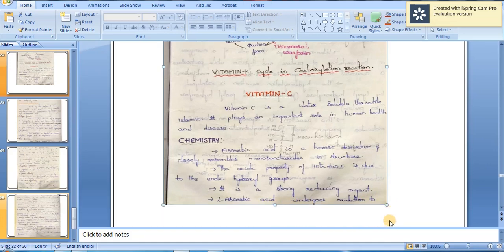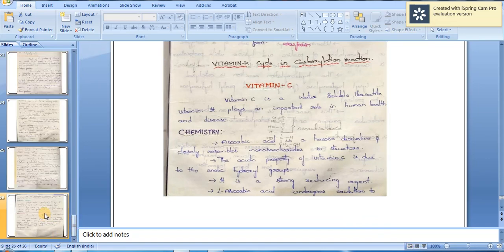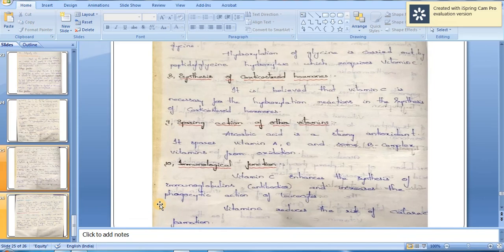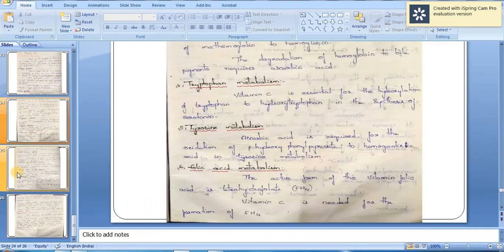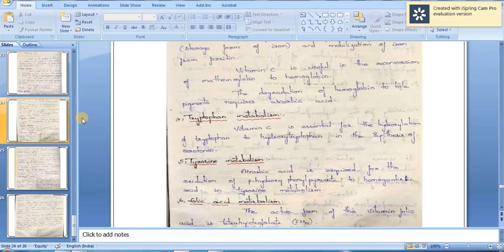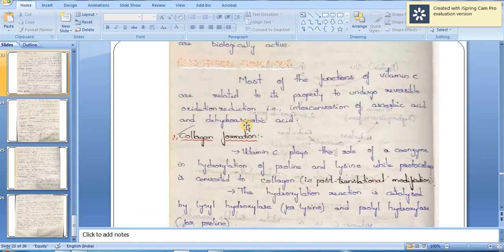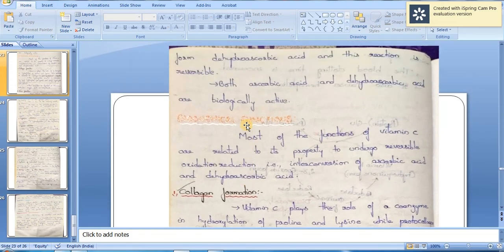L-ascorbic acid undergoes oxidation to form dehydroascorbic acid, and this reaction is reversible.